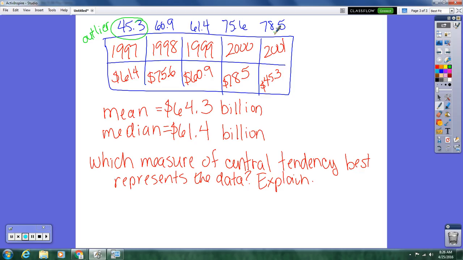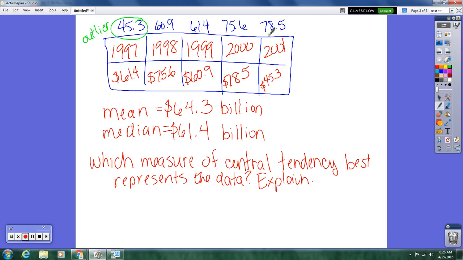Knowing that there's an outlier that skews the data, if you still stay with the mean, saying it's a better representation than the median. So now you say the median. And now you say the mean still.